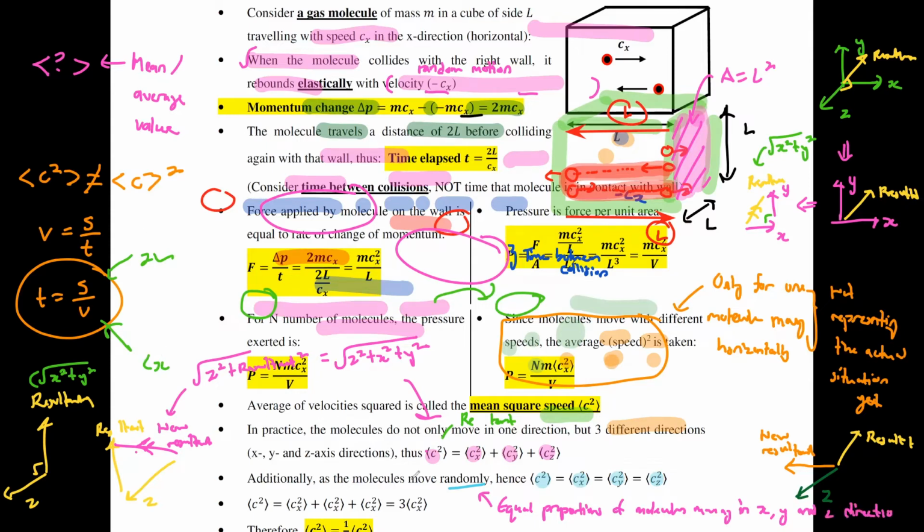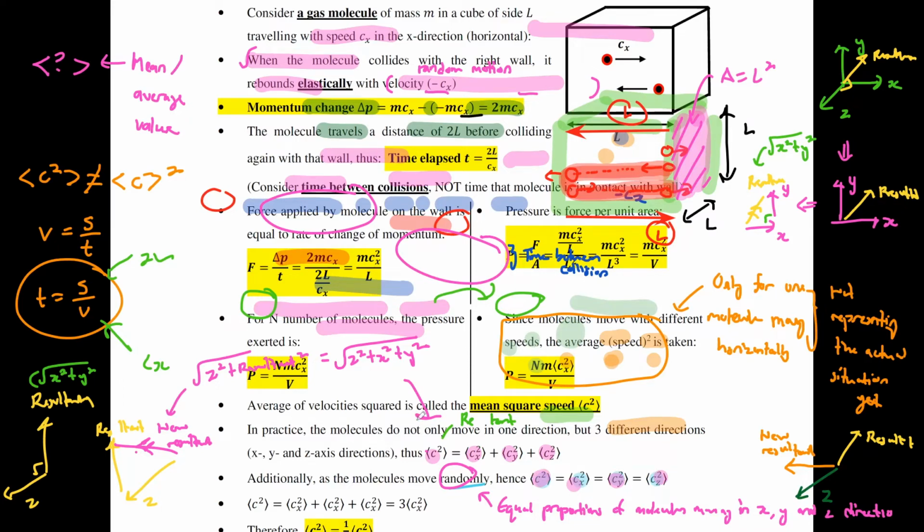Because they move randomly, you expect that there are equal proportions of molecules moving in the x direction, equal proportions moving in the y direction, equal proportions moving in the z direction, so their average would be the same in the x, y and z direction. And because they're the same, your mean is also the same as your mean square speed.